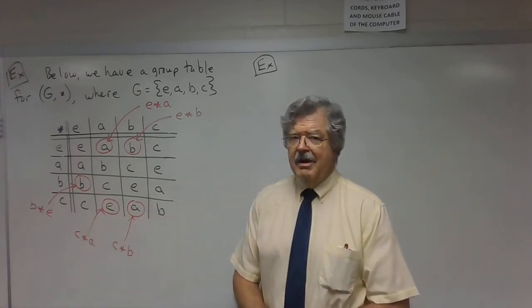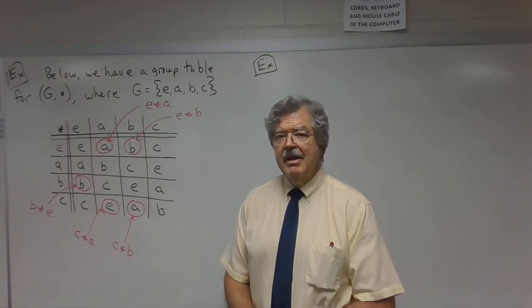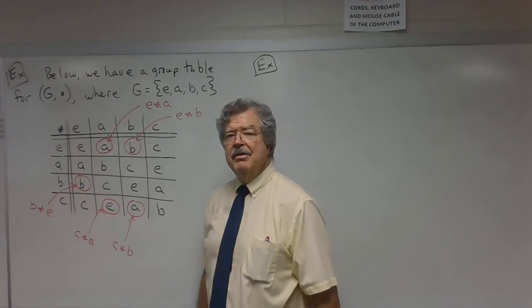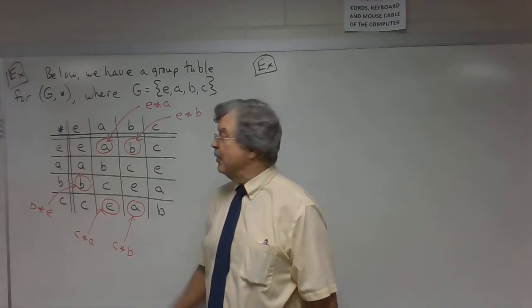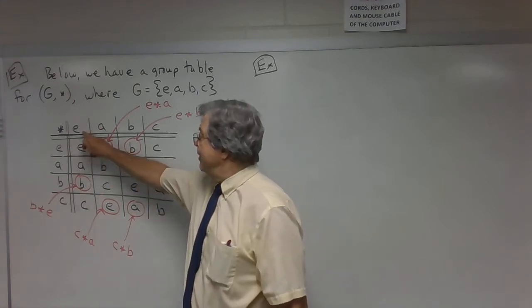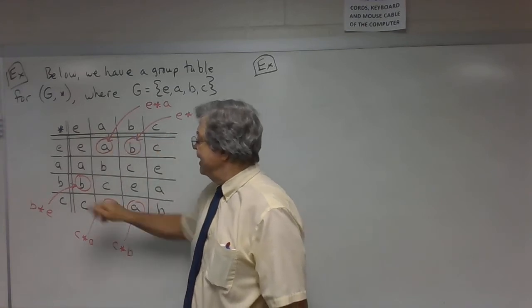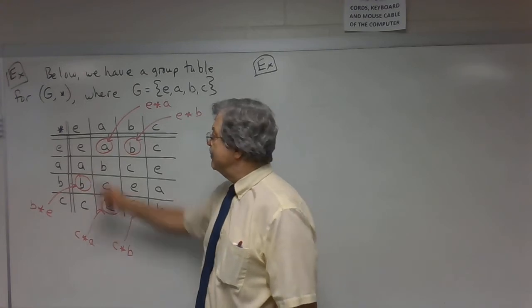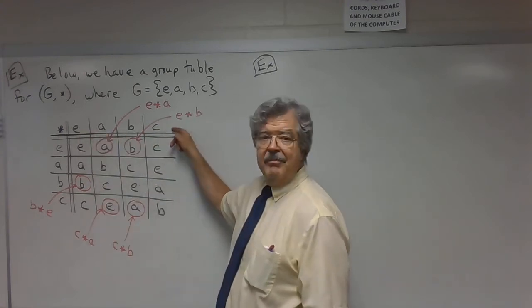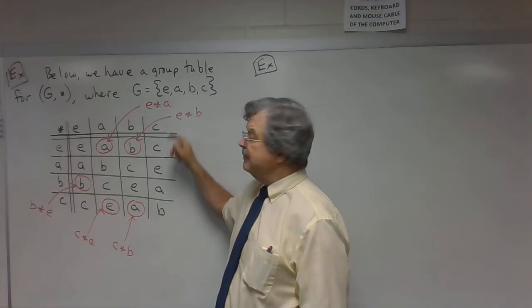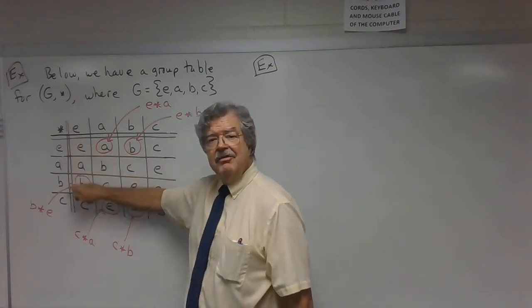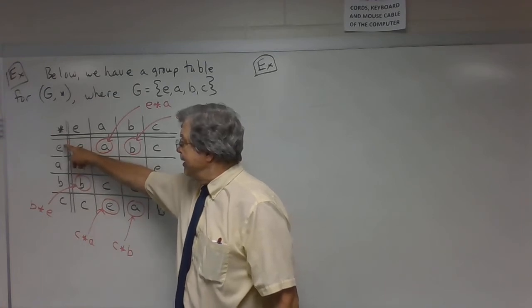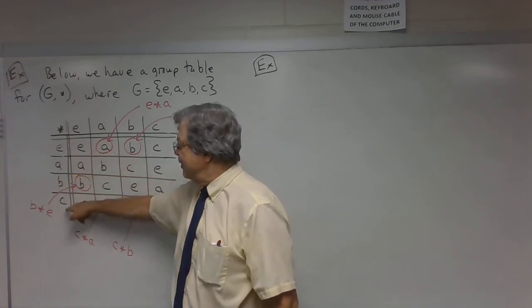It's also customary to have the elements of the group listed in the same order in the row of column headers and in the column of row headers. So the order of elements across the top in the row of column headers is exactly the same as the order of elements in the column of row headers.